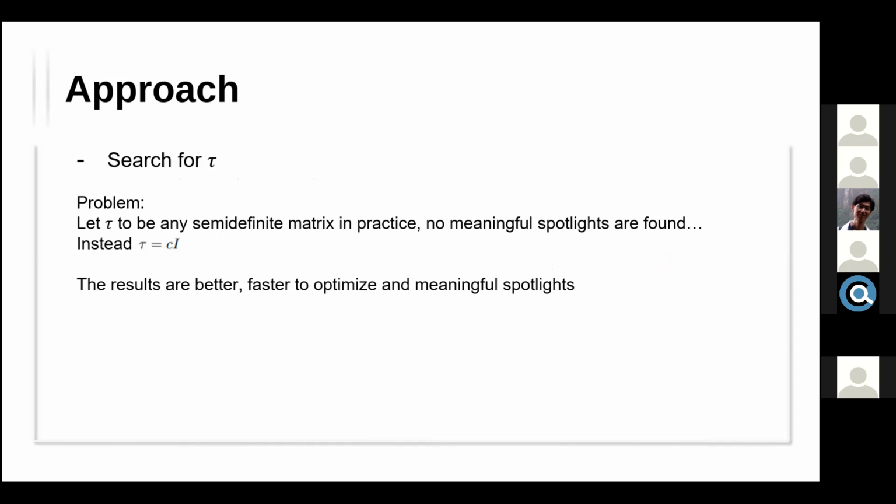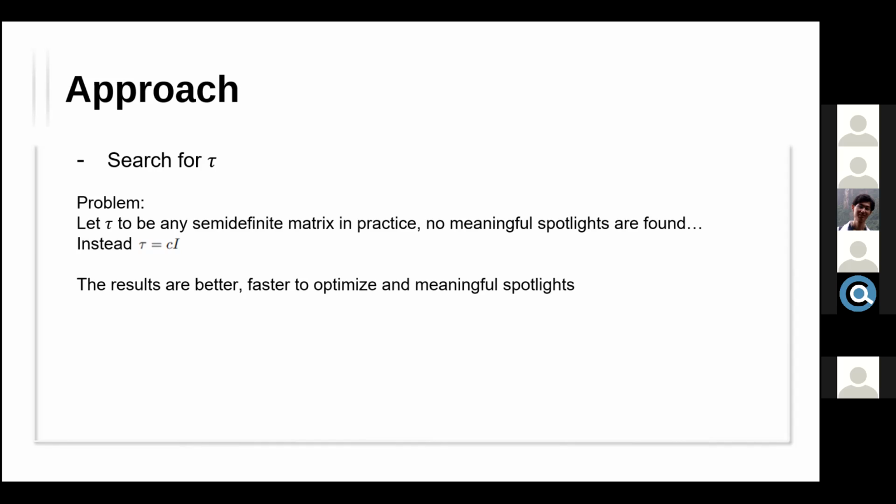Okay. But anyway, the third problem is to search for tau. And as you mentioned before, in practice, they found that if they let tau be any semi-definite matrix, they couldn't find meaningful spotlights. And then instead, they set tau to be C times the identity matrix. So in this case, they only have one parameter to optimize. Then the optimization becomes even simpler.